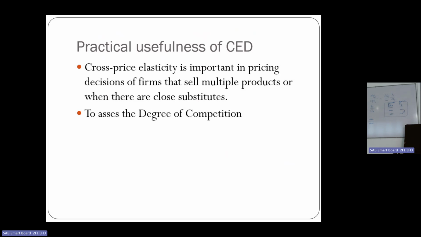Then how do you take delta P, the change in price? Change in price means 100 minus 150, minus 50. In the same way, quantity demanded also increases from 1000 to 1200. So delta QX means 1000 minus 1200, minus 200. That's very important.